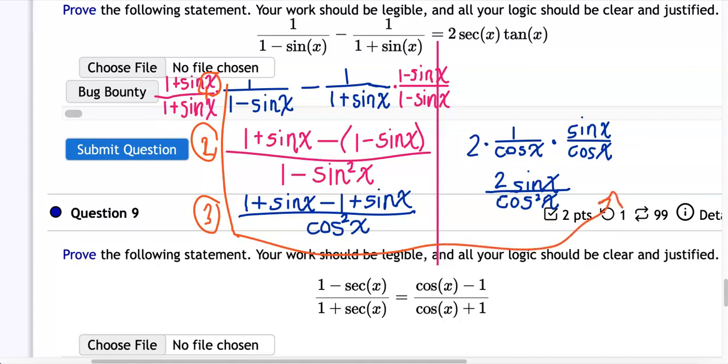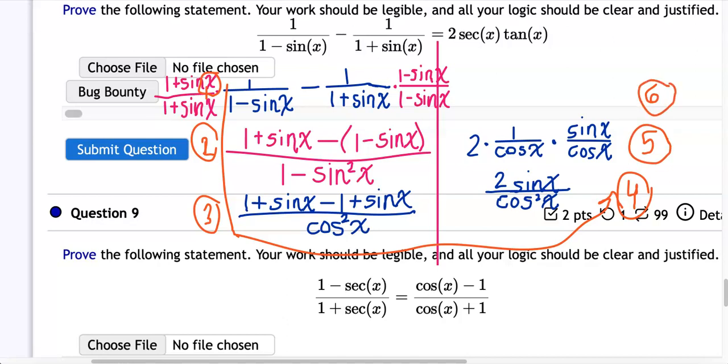Imagine that I'm just going back up this way now. So this is step number 4 on the left-hand side. Step number 5 still on the left-hand side. And then for step number 6, still on the left-hand side, then I want to combine them.